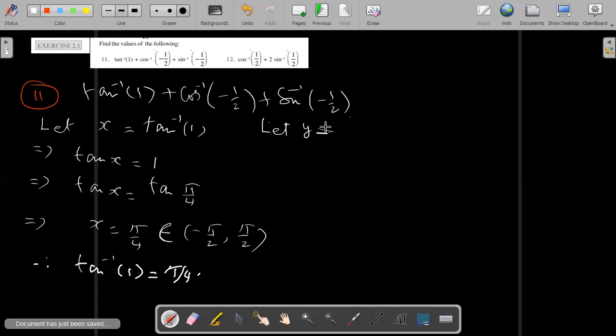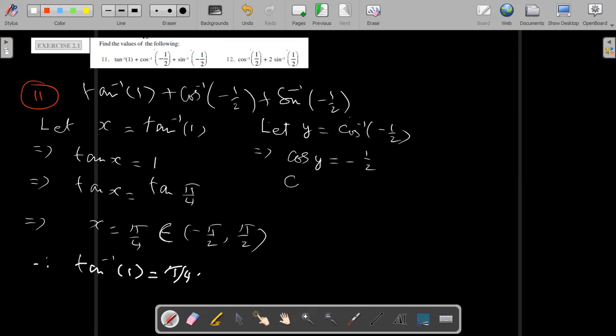Let y is equal to cos inverse minus 1 by 2, and then cos y will be equal to minus 1 by 2, and 1 by 2 is the value of cos 60 degree, that is pi by 3.